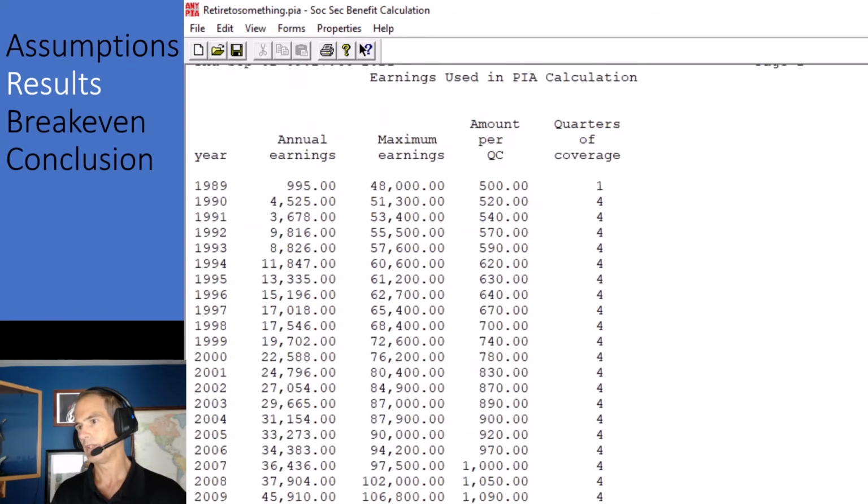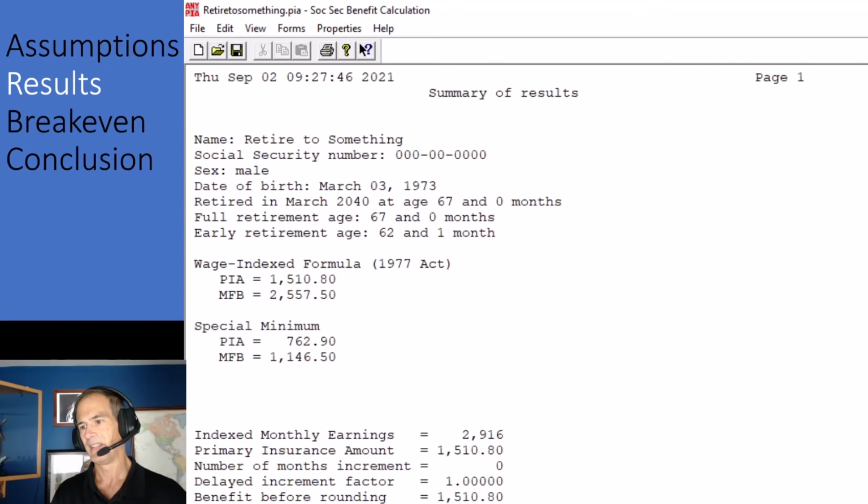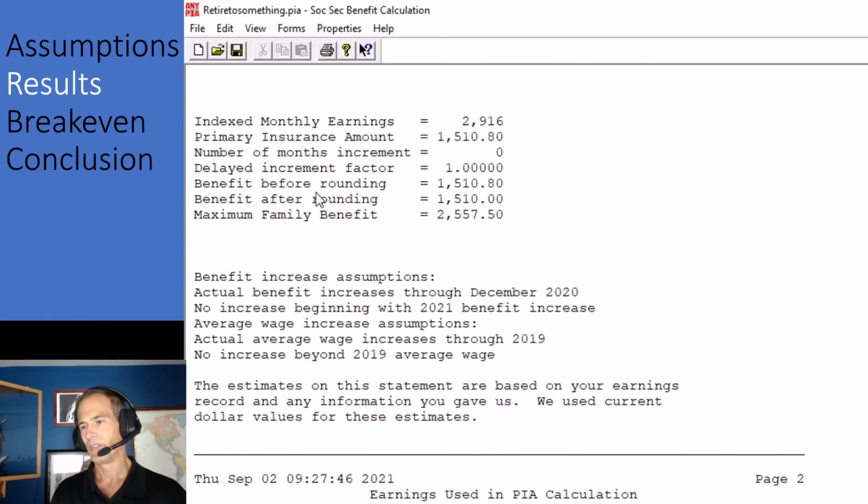Oh, scroll down too far. So our benefit before rounding, benefit after rounding. The after rounding is what our actual payments would be. So it's just rounding down to the nearest dollar. So at age 67, we could expect that our Social Security checks monthly would be $1,510.